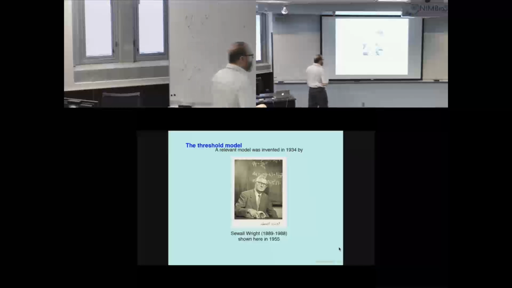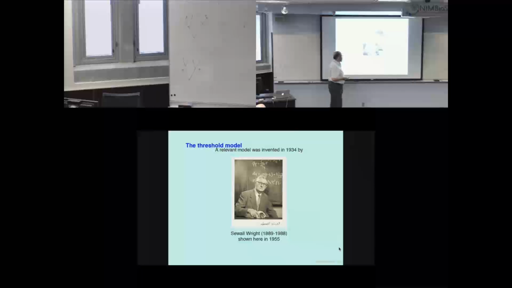Okay. Here he is shown in 1955, which is the occasion on which he retired at the University of Chicago, then was moved to University of Wisconsin in Madison, which let him be an active faculty for another 5 years, and he retired a second time. He did not only theoretical population genetics, he founded path coefficients, did one of the first graphical models, all sorts of things.